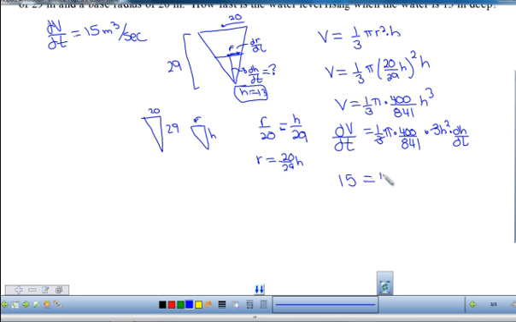Now I can substitute everything I know, times 400 over 841. I want to find out when h is 13, squared. And then I just solve for dh/dt. So dh/dt is equal to 0.0594 meters per second.